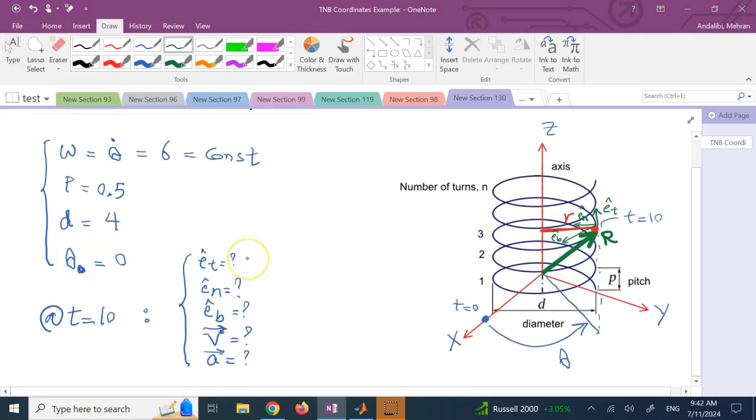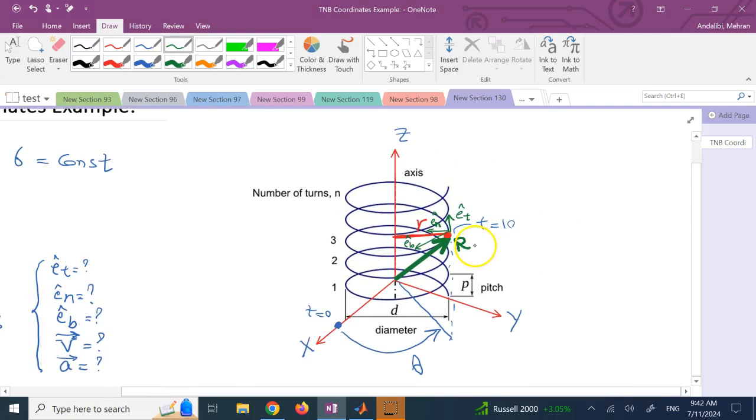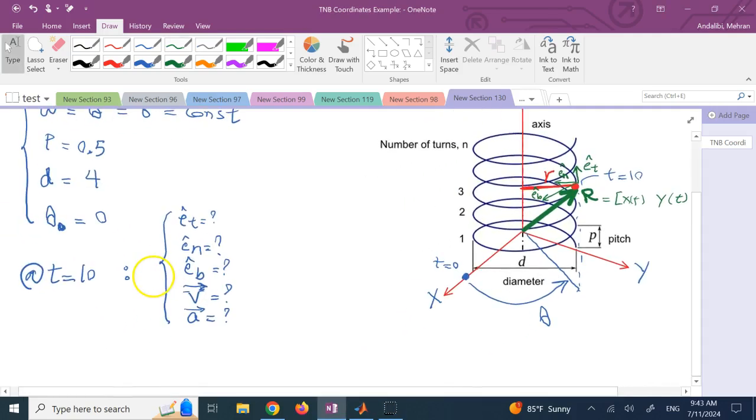Well, in 3D, the first thing we need is the total position vector of the particle, r. Clearly, if this particle has x, y, and z, the position vector r is going to be x of t, y of t, and z of t. And so for the vector et, if we want to write it, it is basically the derivative of r with respect to time.